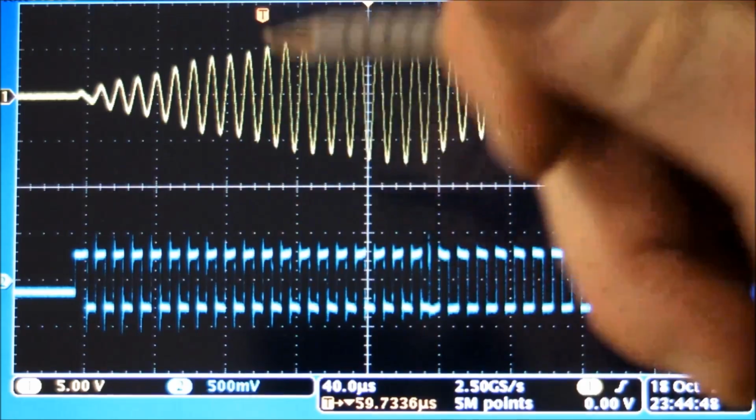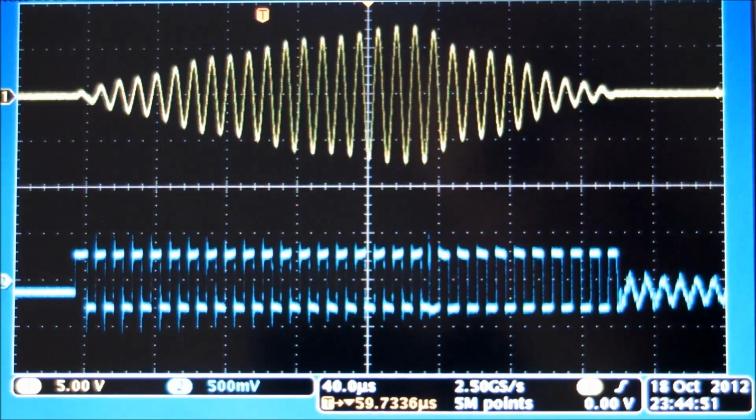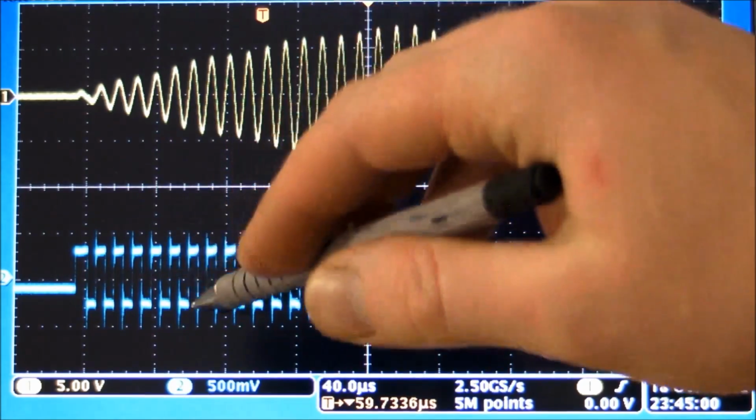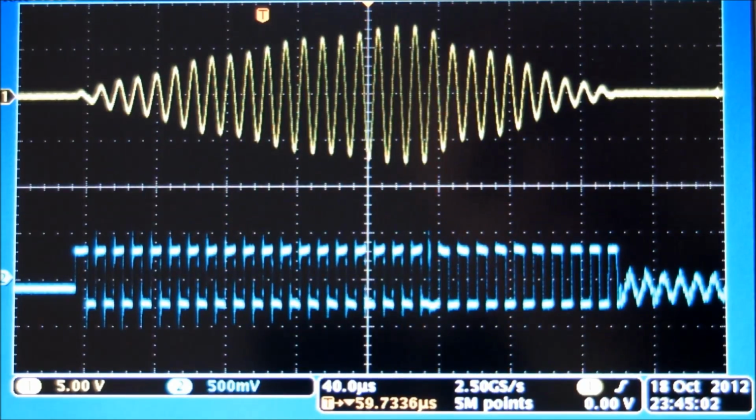We're looking at 250 volts per division. Yeah, we're looking at from 0 to 250 volts on each output terminal of the H-bridge assembly.